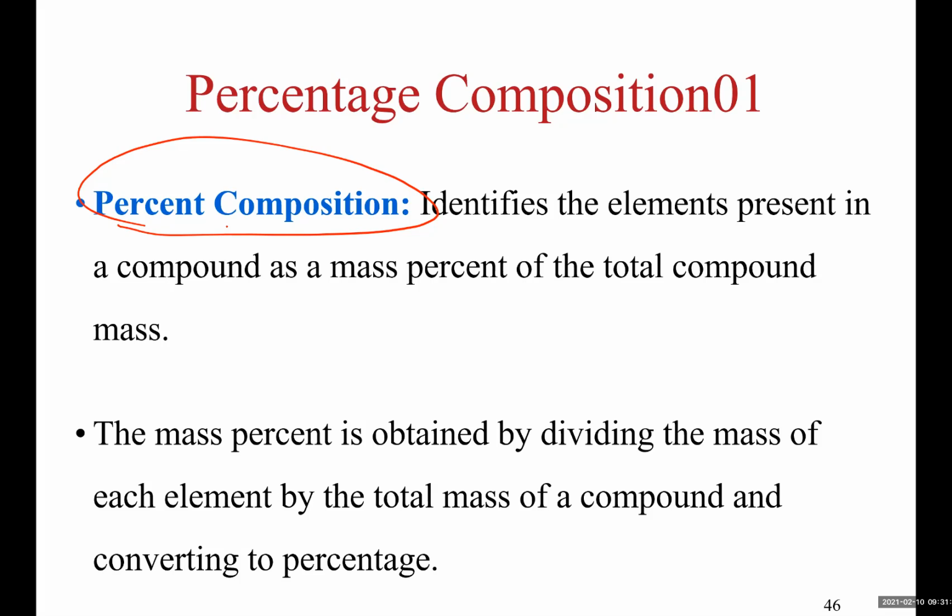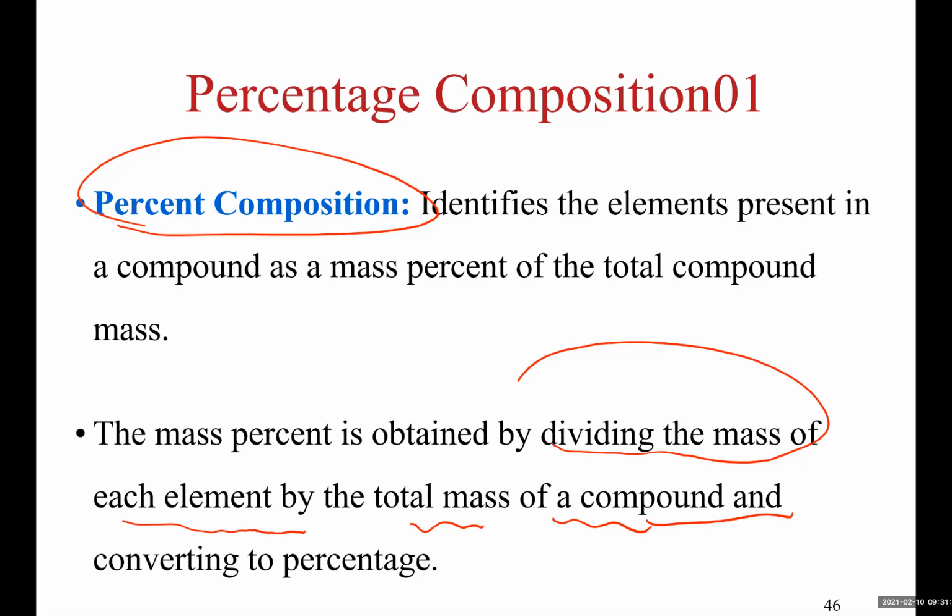Percentage could mean mass percent, which means mass of solute in 100 grams of solution. The mass percent is obtained by dividing the mass of each element by the total mass of the compound.